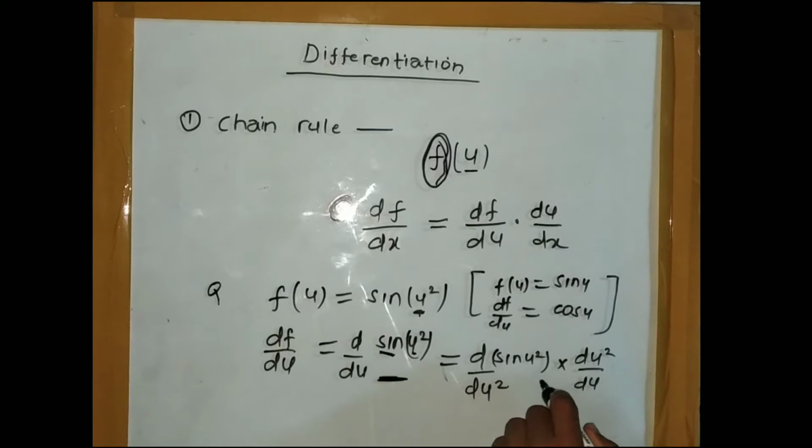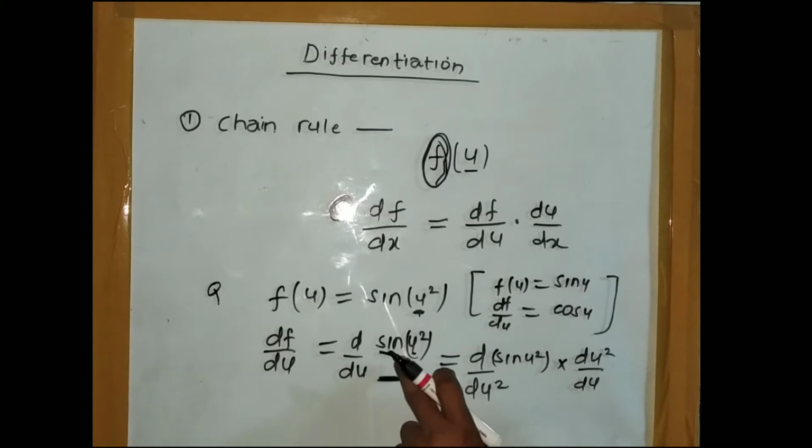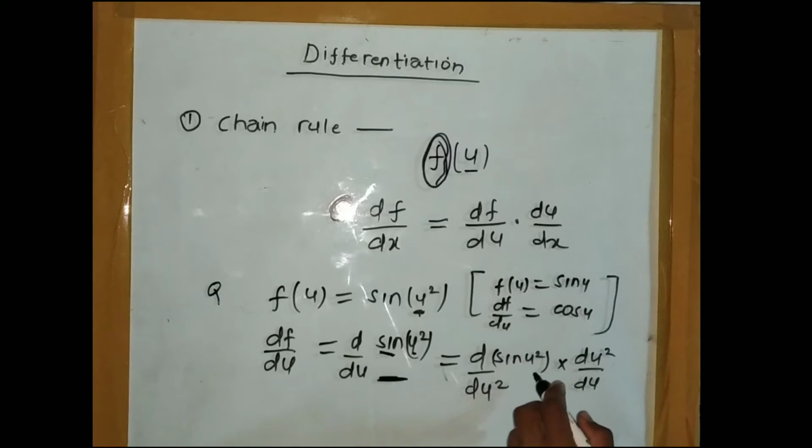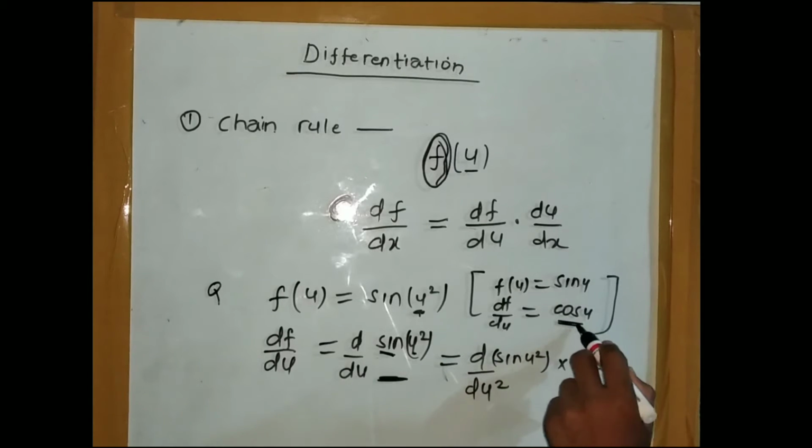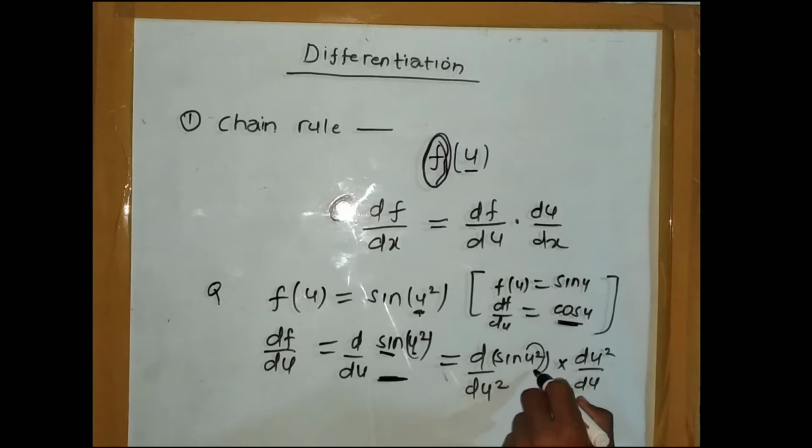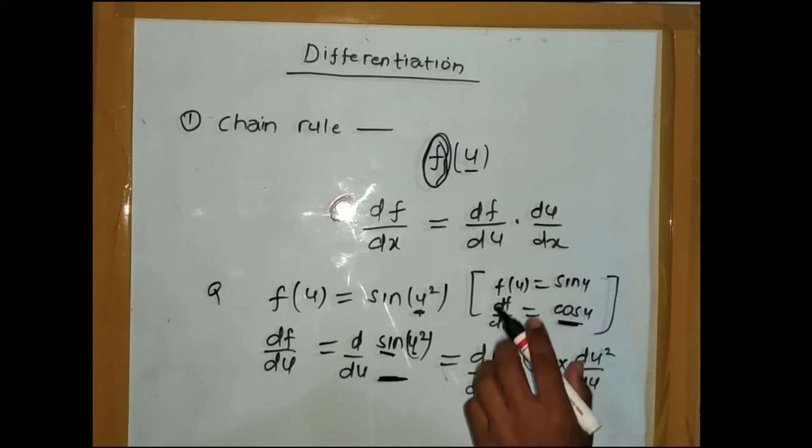So we first find the derivative of the external function, then the derivative of the internal function. We know that del sine u by del u equals cos u, so you can treat u square as t or x.